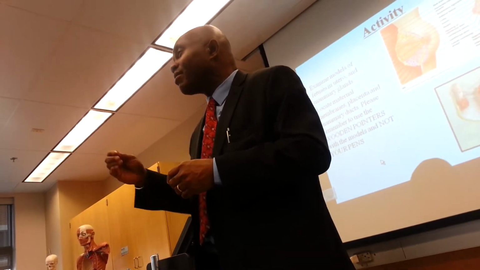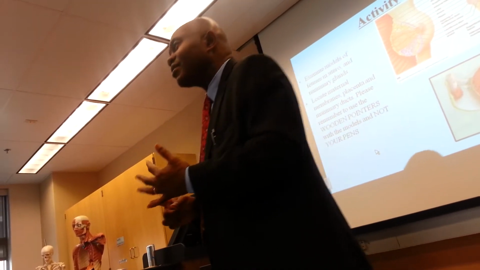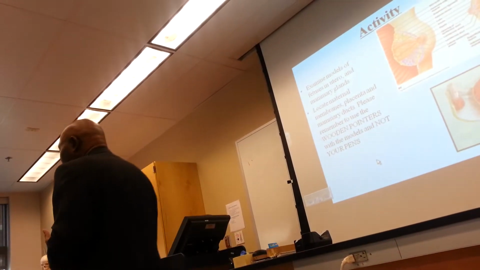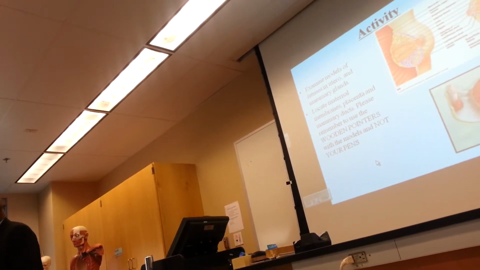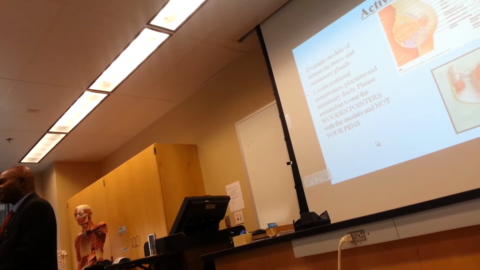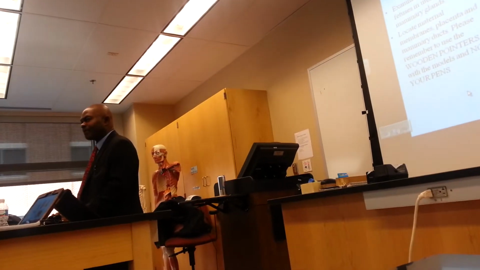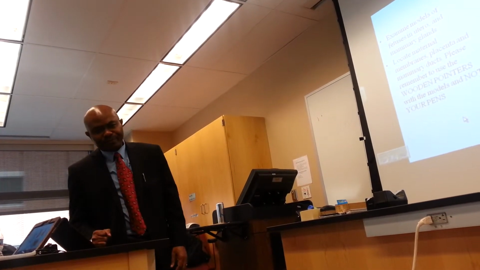And then the inner cell mass, what does it become? First of all, identify the inner cell mass and tell us what it becomes. Then the other favorites would be the germ layers. When you identify the germ layers, you tell us one thing that is derived from it. Like the ectoderm, the mesoderm, and the endoderm.